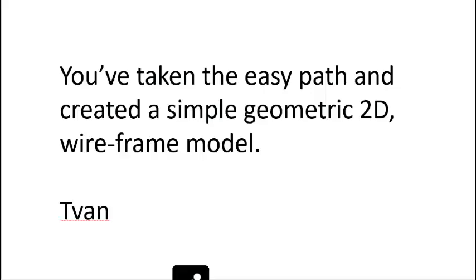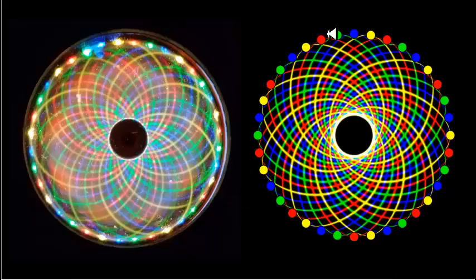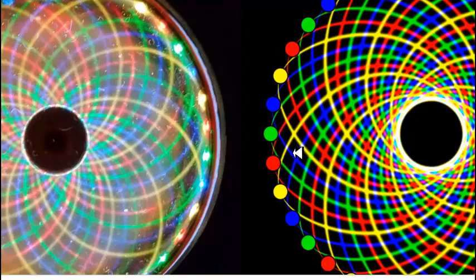So Tim Banderelli told me that I'm taking the easy path and created a simple geometric 2D wireframe model. Okay, so this is not a wireframe model, even though it looks like it might be wires, but it is no more a wireframe model than the actual Ferrocell is a wireframe model. This is a simulation.